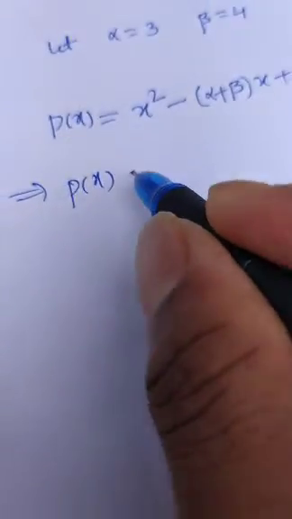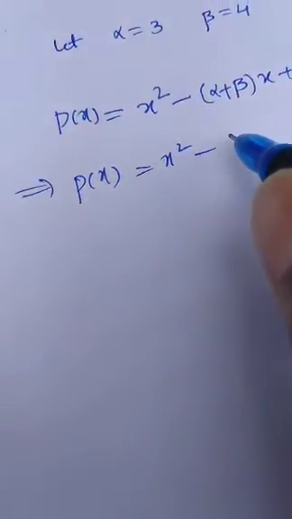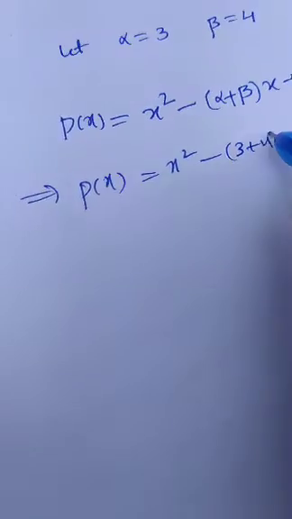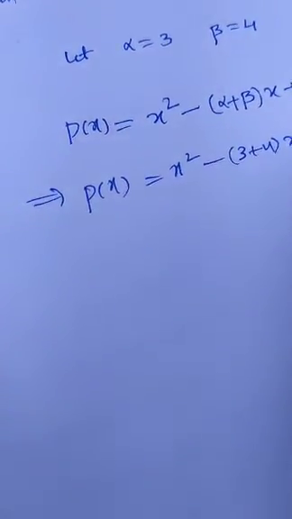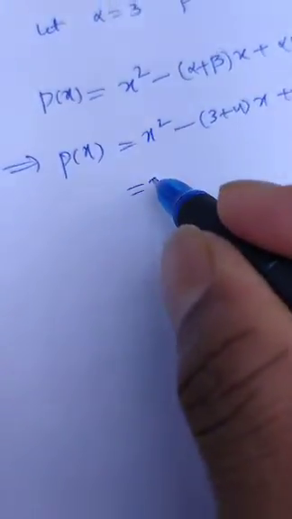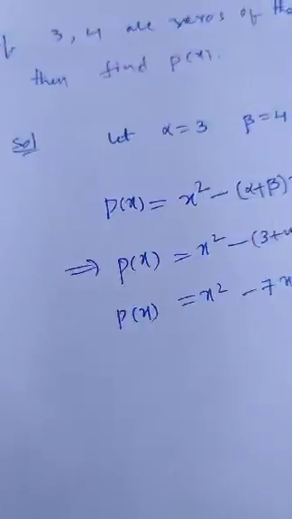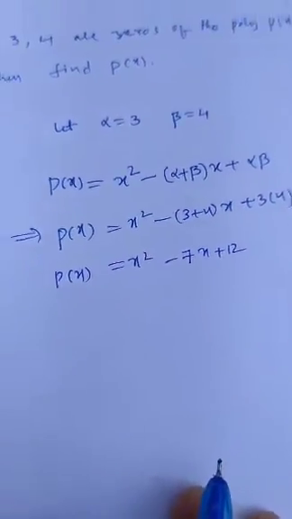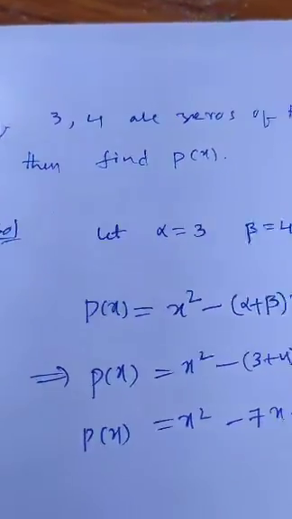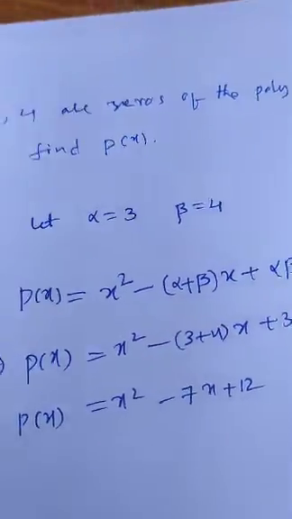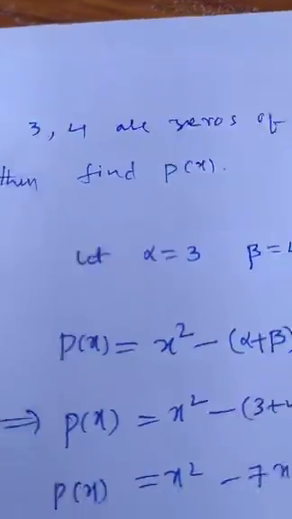By substituting in this formula, x square minus 3 plus 4 into x plus 3 into 4. That implies x square minus 7x plus 12. Now this is the required polynomial. So if you have two zeros, then we can find the polynomial by taking the zeros as alpha, beta, then using this formula.